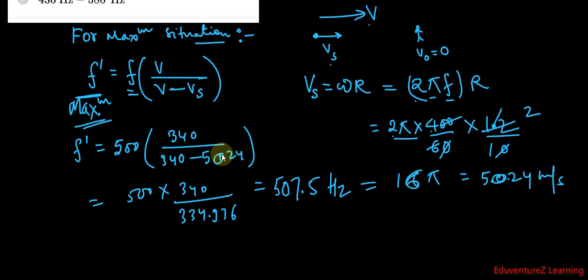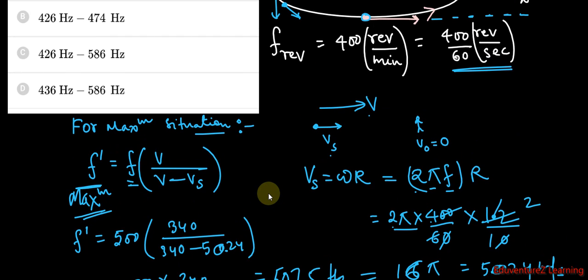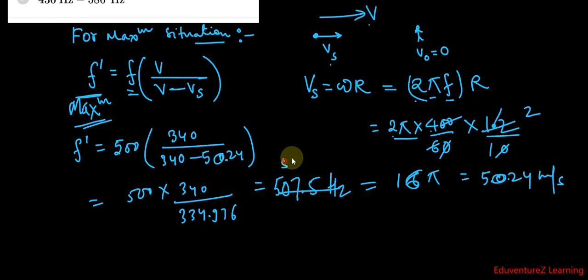I'm really sorry for this, 50.24. So now we will solve it: 340 minus 50, so 500 into 340 divided by 290, so it is 586. Okay, so we have two options having 586.